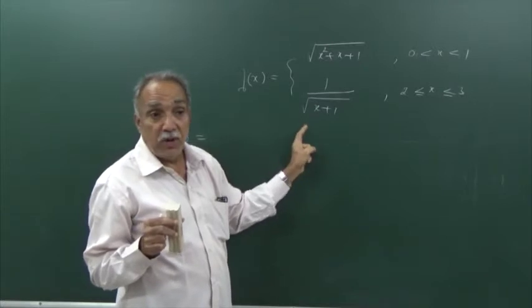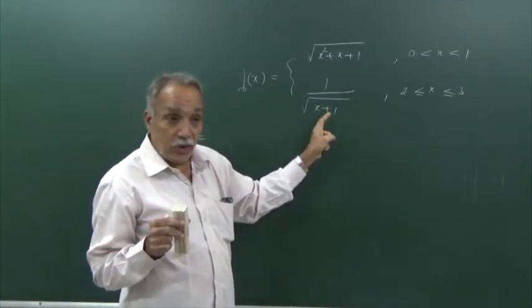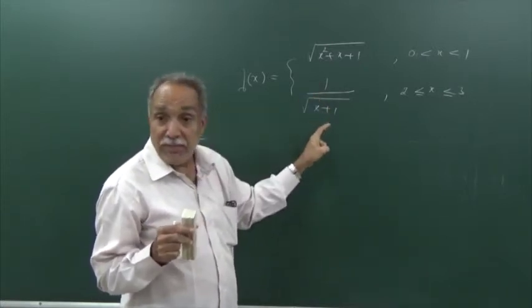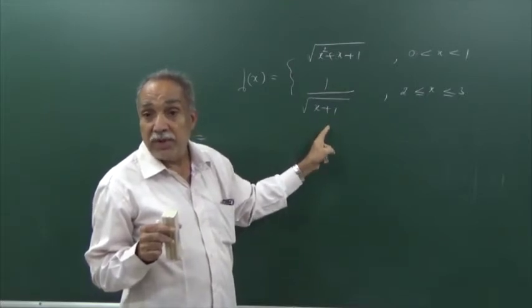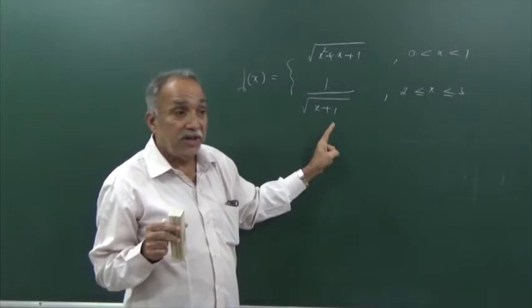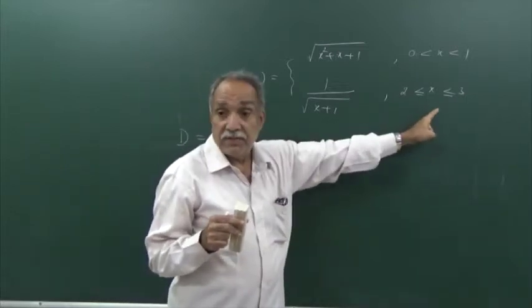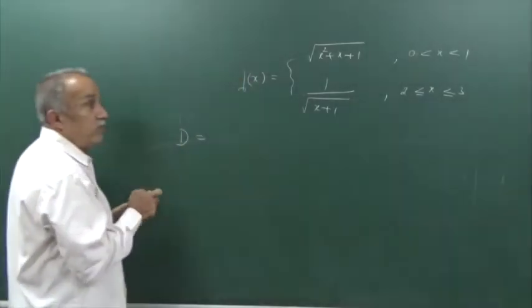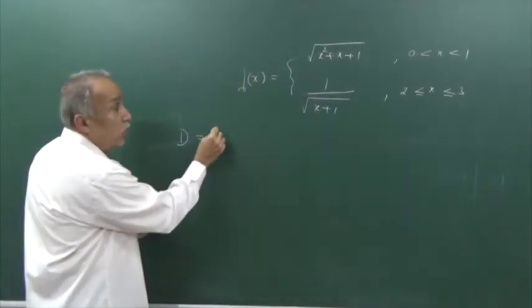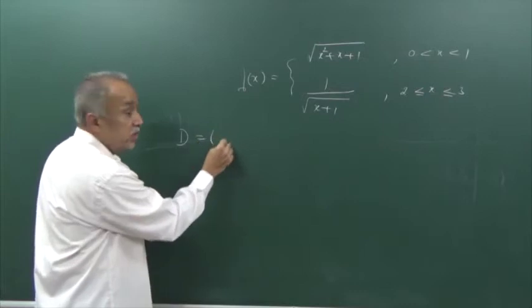Otherwise, you will not be able to find the square root, and to have the ratio meaningful, the denominator must not be equal to 0. So, the requirement that x plus 1 must be greater than 0 is satisfied for every x belonging to the interval. Therefore, the domain will be the entire set over which I have defined my function.